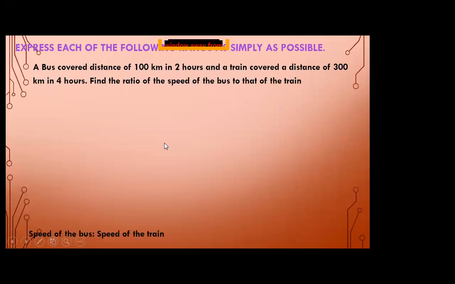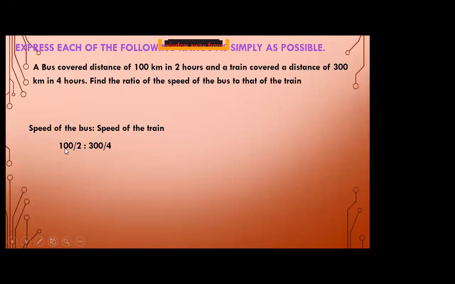Very good, Aisha. So here I can write speed of the bus ratio speed of the train, 100 upon 2 ratio 300 upon 4.